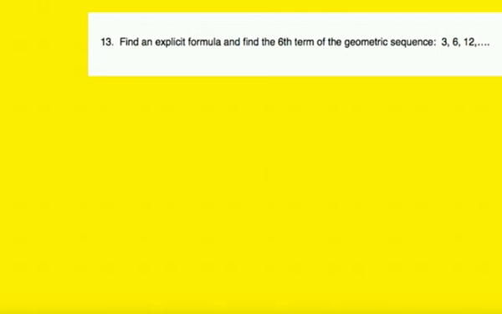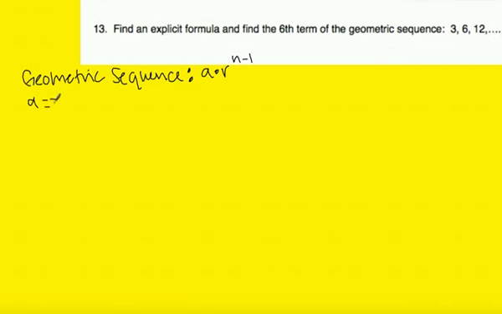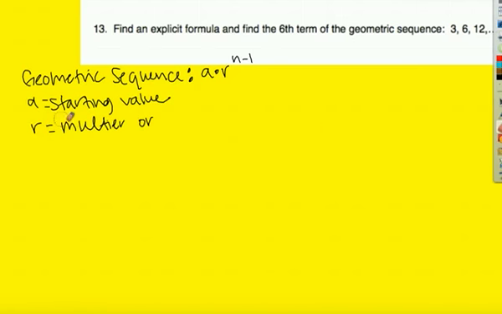Because it tells me it's a geometric sequence, I know that a geometric sequence always has the form a times r to the n minus 1, where a is the starting value, r is my multiplier or divider, and I know it has to be one of the two because it's a geometric sequence, which means I'm either multiplying or dividing.